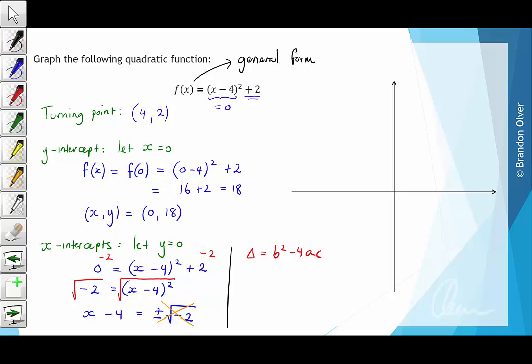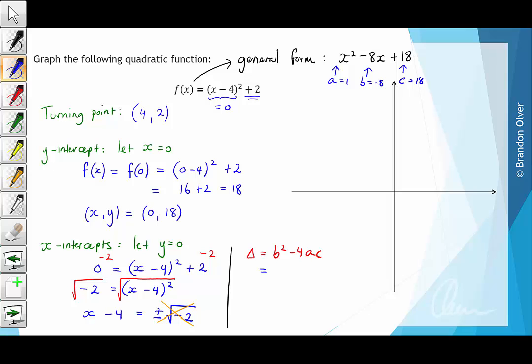So (x - 4)² gives x² - 8x + 16. And if we have plus 16 plus 2, we have plus 18. So in this form, we have a is equal to 1, b is equal to negative 8, and c is equal to 18. And these are the values we're going to put in the discriminant.